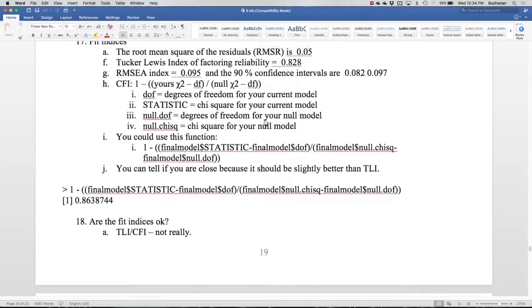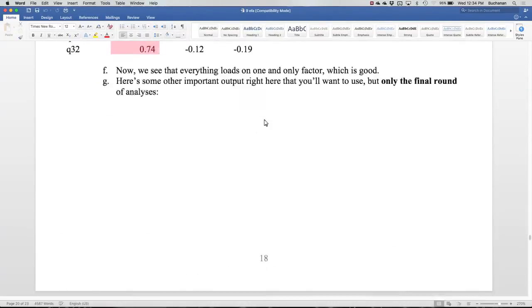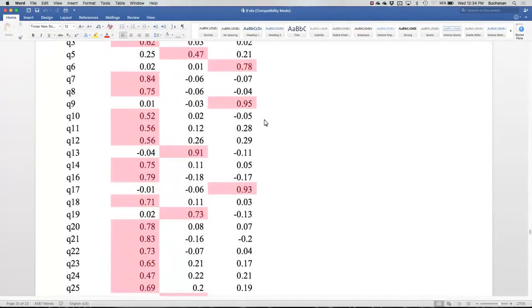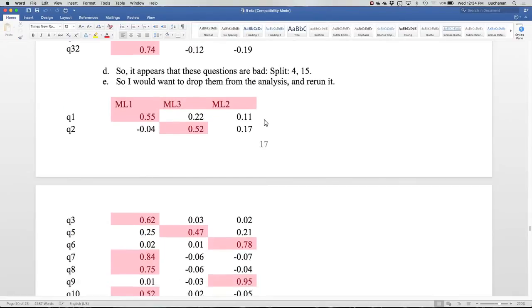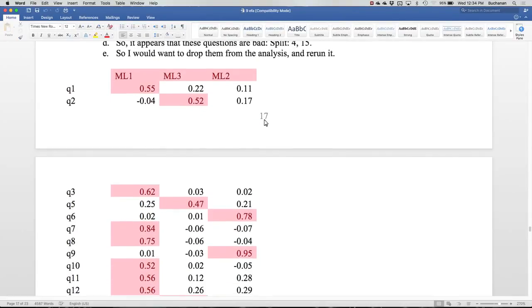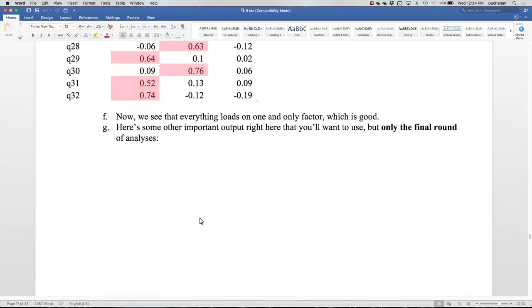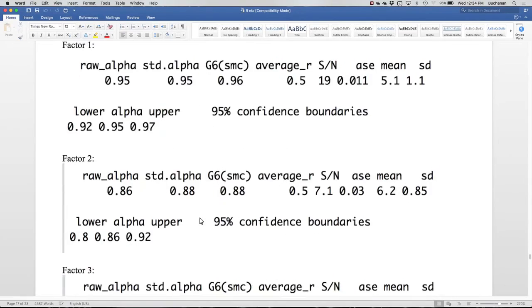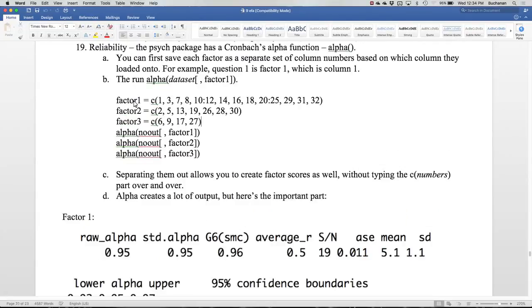Well, that final table here, everything that's highlighted goes into factor 1. So I've got question 1, question 3, 7, 8, 10 through 12. So where it loads is what factor it counts for. So I typed all that up here.